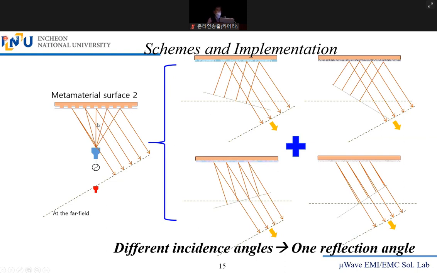So I can change all the directions of the reflected fields to the same direction. And what is more, the same direction will be a tilting angle. So 1, 2, 3, 4 orange arrows can be put together, constructively interfering with each other.